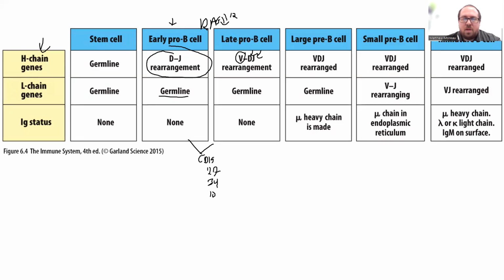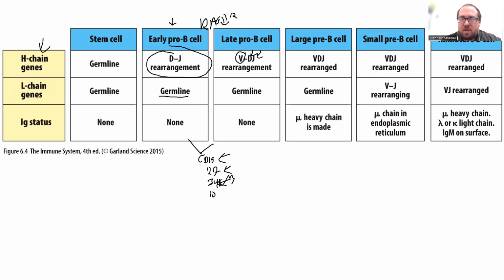And so the expression of RAG and a few other important markers, including CD127, CD34, and CD19, are going to play a huge role in how this arranges the functional, spatial, and temporal expression of RAG and B cell specific genes.